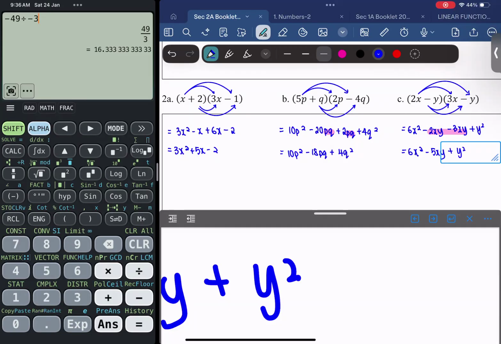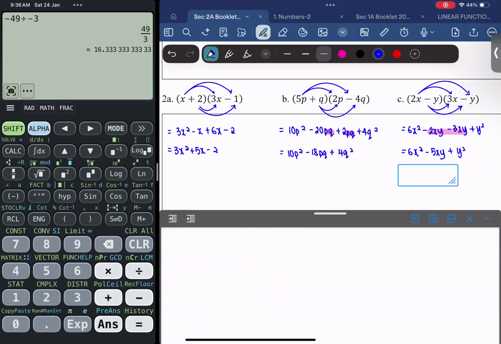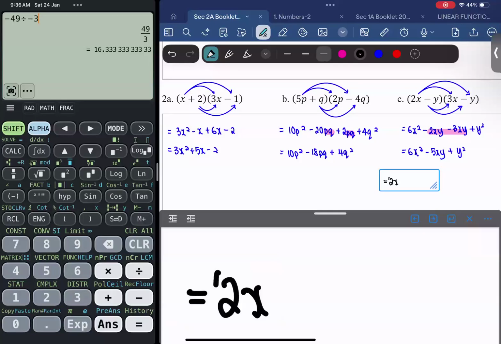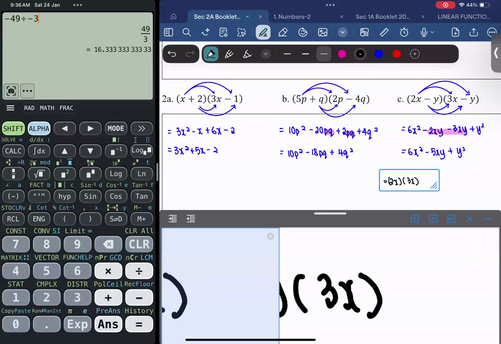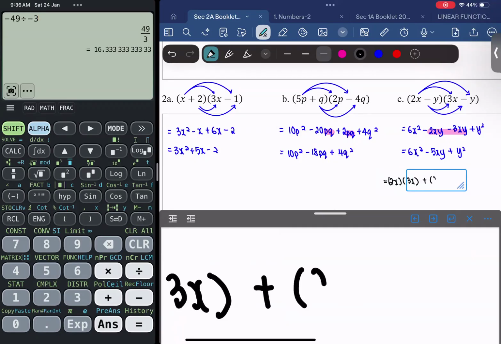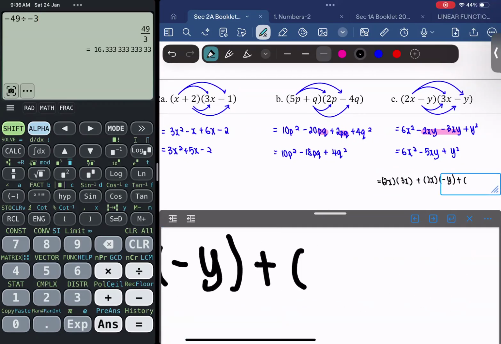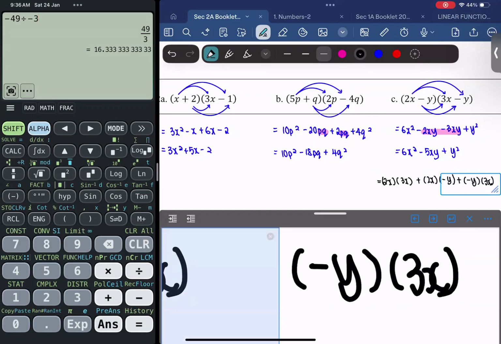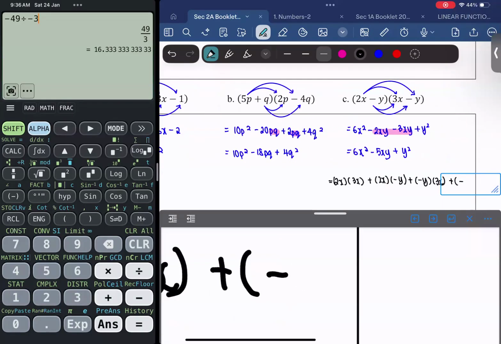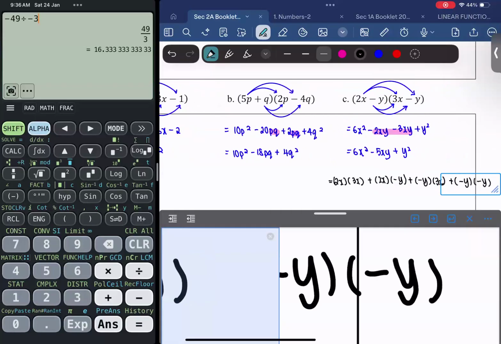Okay, for those who are confused, then you will have to do additional steps. Remember last time in Sec 1, we always write the brackets. So if you're confused, write this 2x times 3x, then plus 2x times negative y plus negative y times 3x plus negative y times negative y.